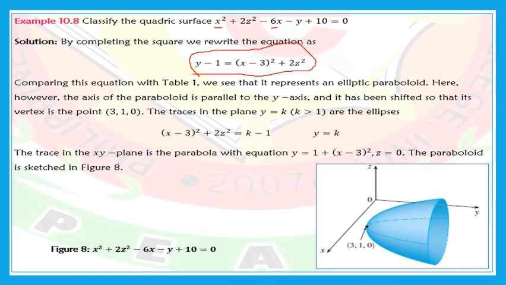Okay, ellipse yung na-trace natin sa plane na y equals to k. The trace in the xy plane naman is the parabola with equation y equals to 1 plus (x minus 3) squared at z equals to 0. The paraboloid is sketched in this figure.